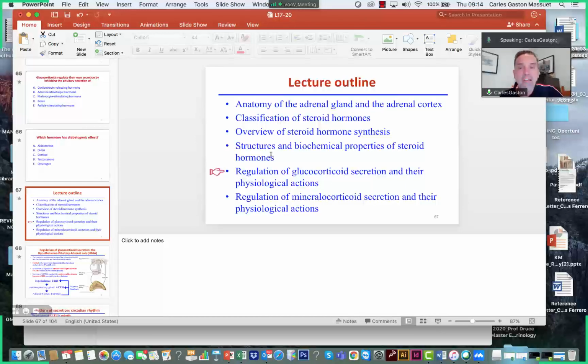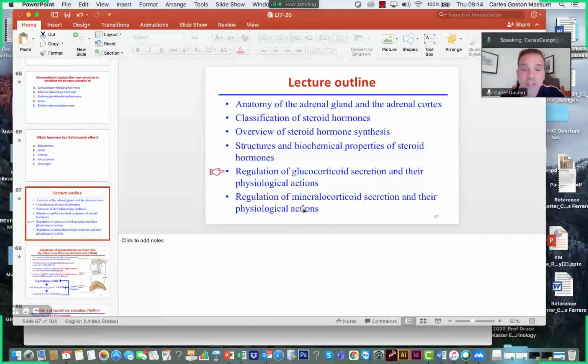And tomorrow we'll be going a little bit more fancy and more interesting on the regulation of each specific hormone. Today was very biochemical and descriptive on the regulation of glucocorticoids and their physiological actions, which are important to understand the disease.